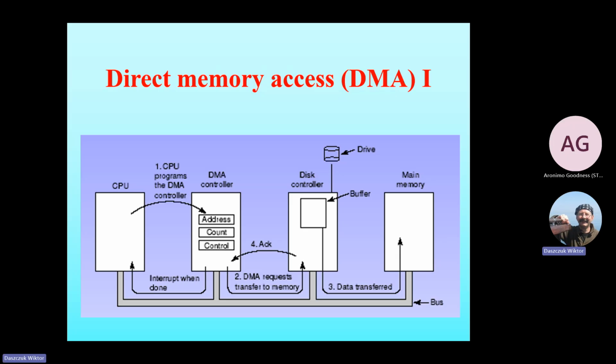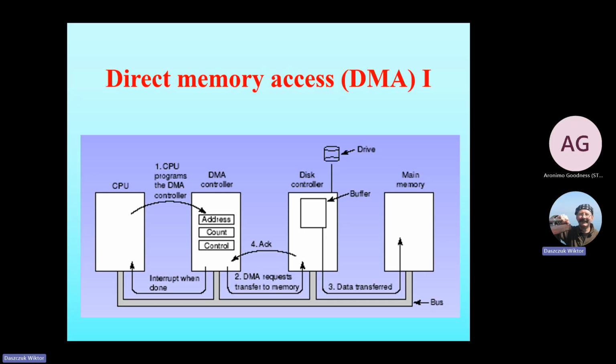When we send all those data to the DMA controller, it starts to control the disk controller. In this case, it is reading from the disk.